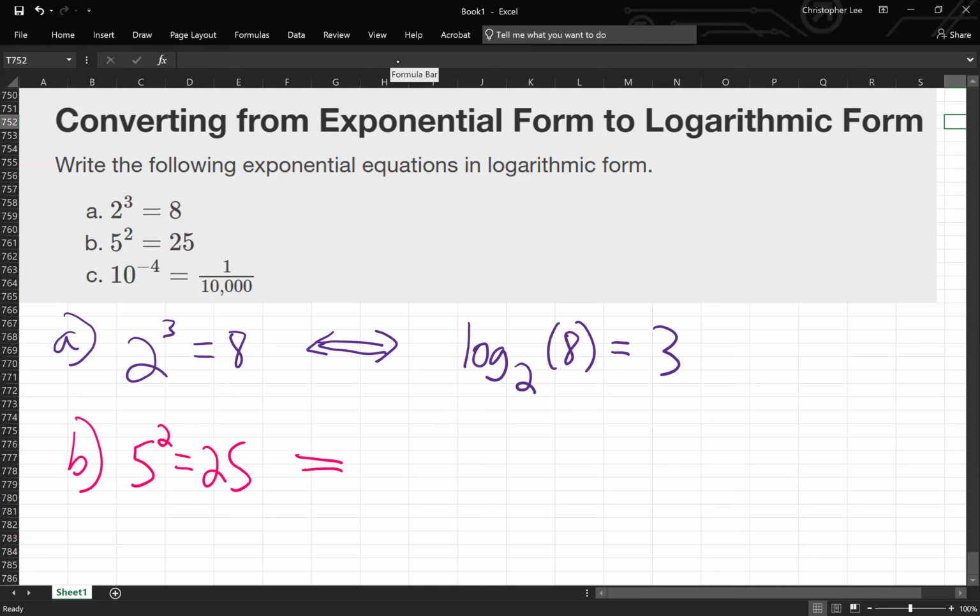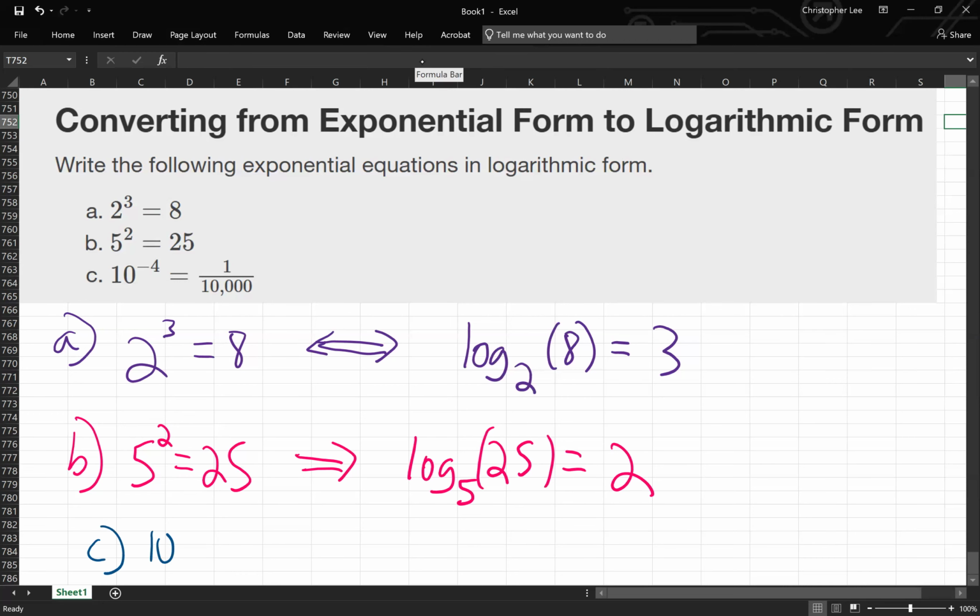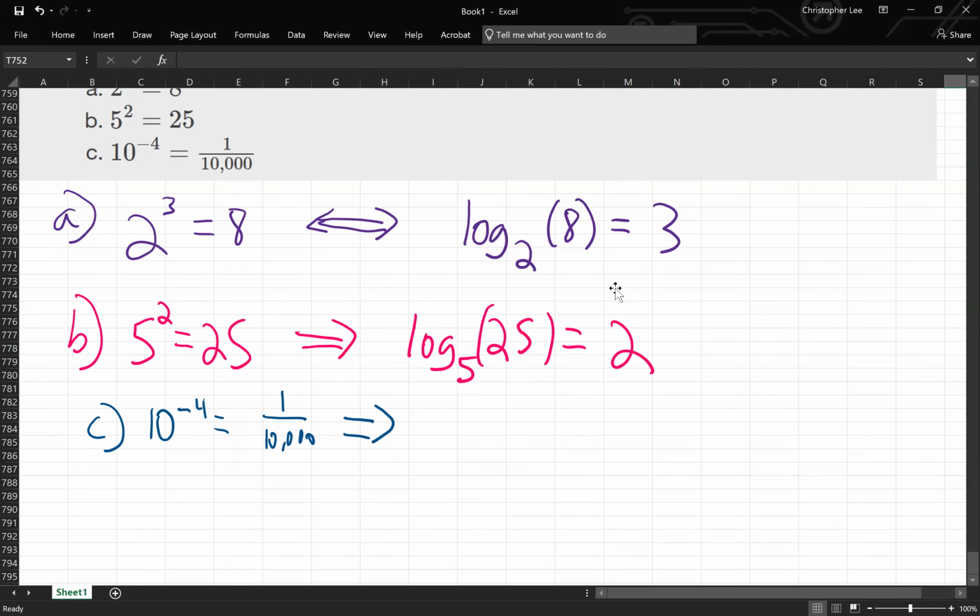Exactly. For this one, log base 5 of 25 is equal to 2. That's it. Let's try C. 10 to the negative 4 power, we're saying is 1 over 10,000.